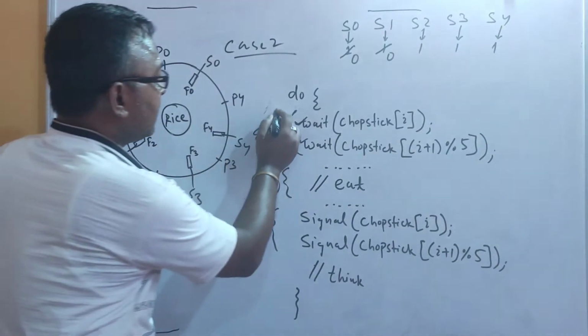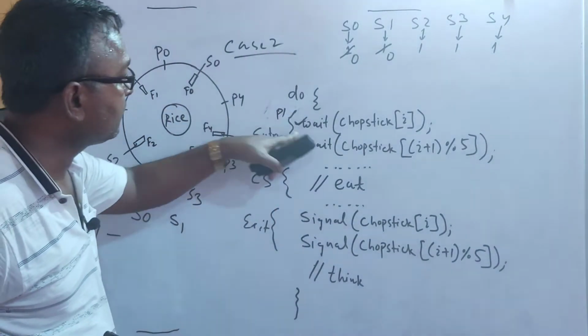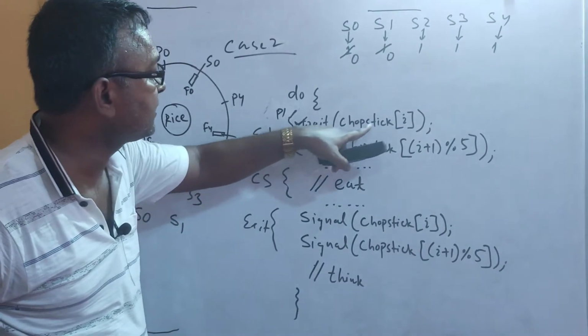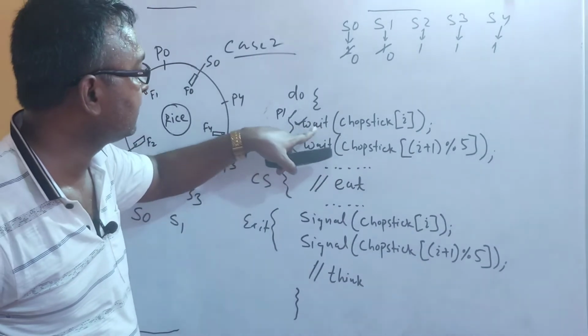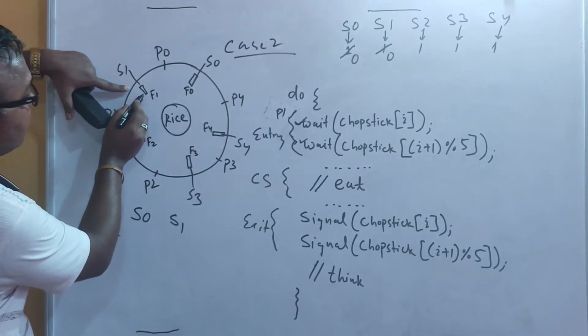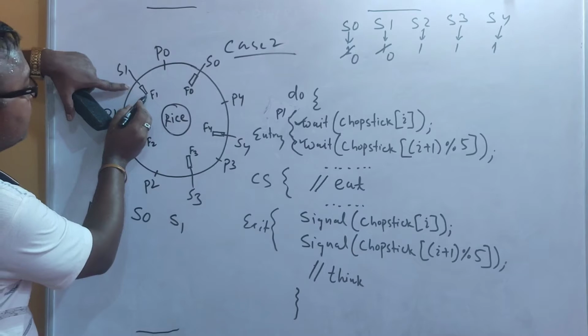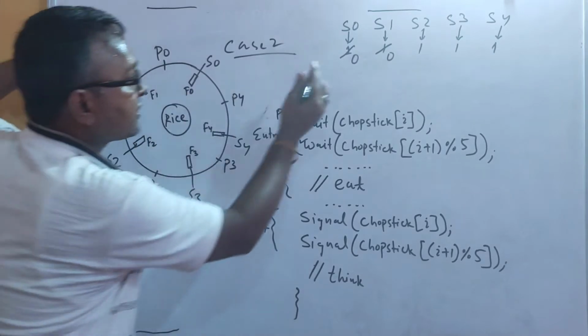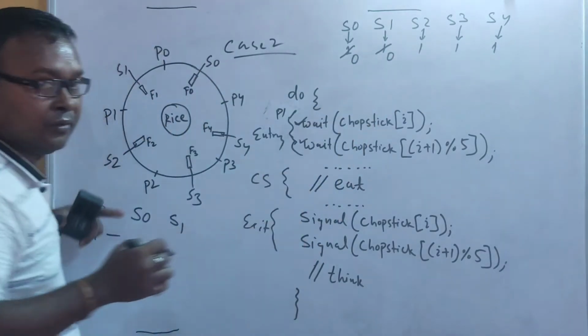So P1 will be executing this code. Wait, chopstick I. That means P1 has to access the fork F1, that means semaphore S1. So semaphore S1 is already 0.